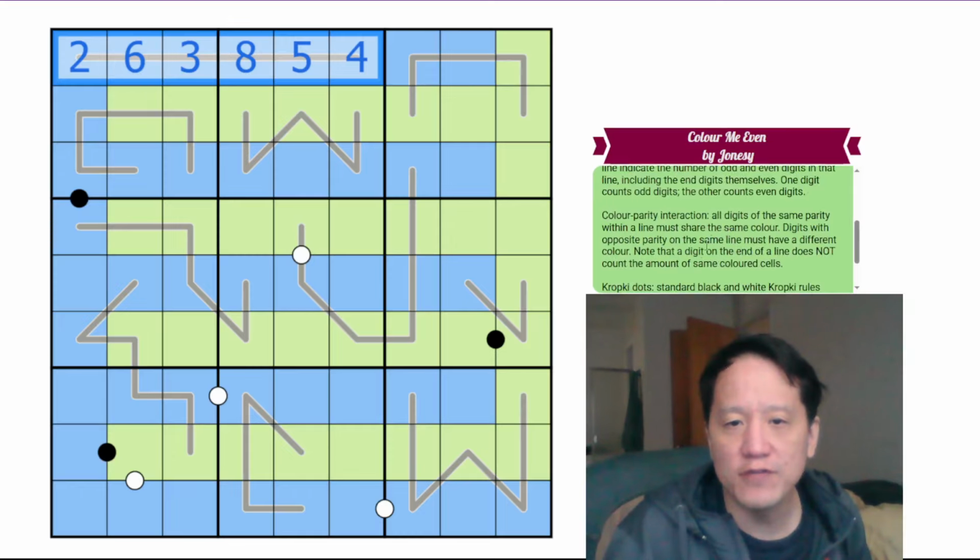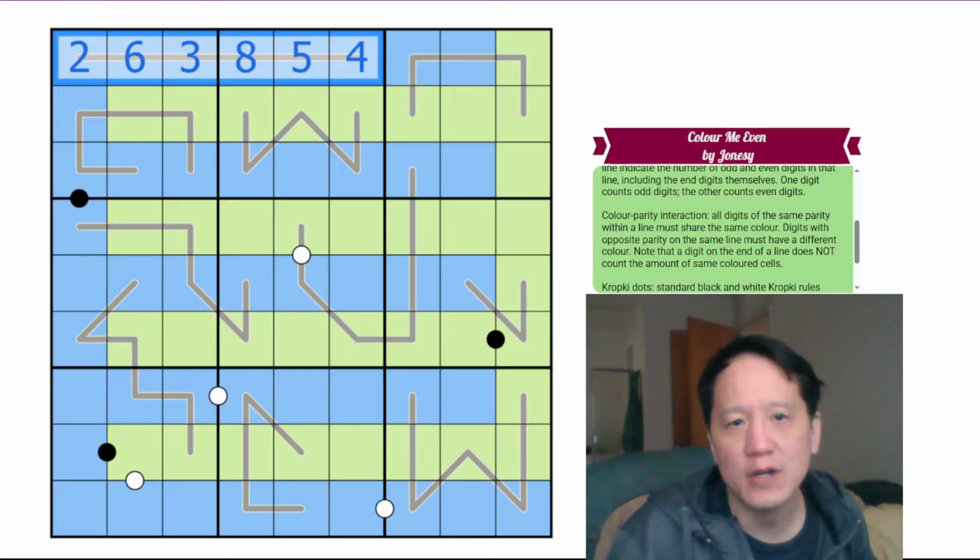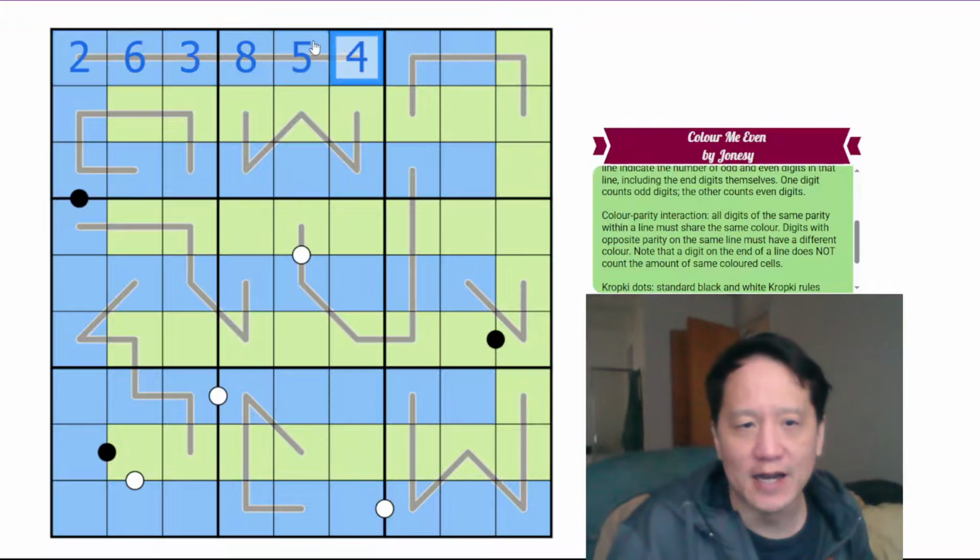We also have color parity interaction, where all digits of the same parity within a line must share the same color. Interesting. So this is not actually valid here because they're not of the same parity.